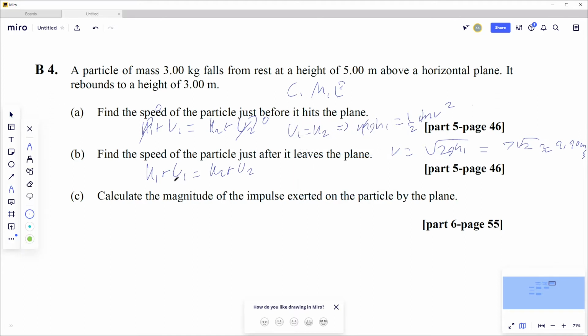Just after it leaves the plane, its h will be somewhat 0, so you can say this is 0, and when it reaches state 2, maximum height, it will have a velocity of 0. It cannot go further, it will go down instead. So I'll just equate them, k1 equals u2, and so half mv prime, I call v prime, because the velocity itself is not kept.